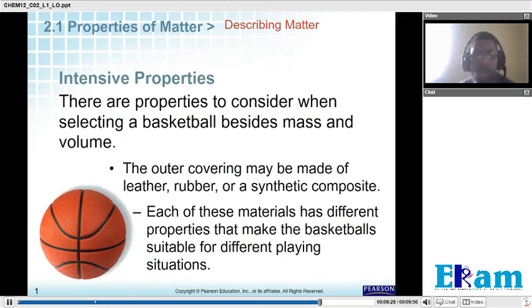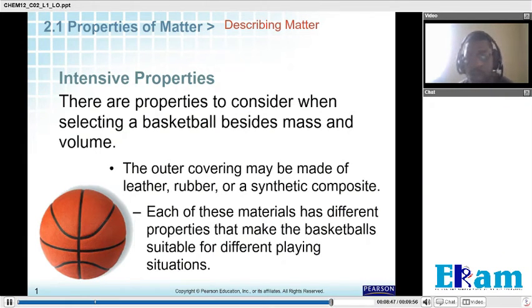All right. So we talked about what matter is. We talked about how everything in this world is made up of matter. We've also talked about the types of matter: solid, liquid, and gas. We talked about the properties of matter.